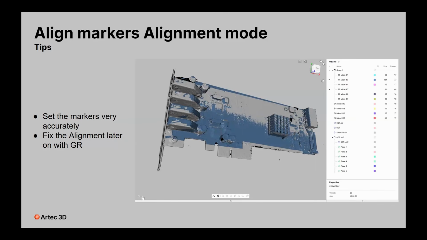I pre-align those scans together, and I let the software know that the frames should be somewhere over there, so that's where the global registration should occur. Since this mode may be quite accurate if you set your points really accurately, and if your object has enough distinctive features to set the markers on, as you can see on this PCB, it is easy to fix those misalignments with global registration.